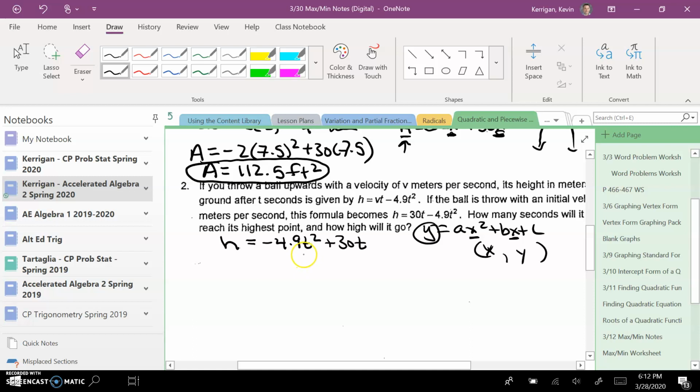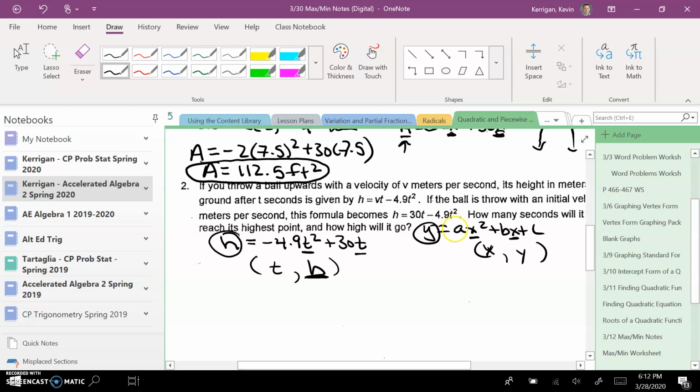In this case, if I find the vertex of this time, I simply find that by just doing the opposite of b over 2a. And then when I go in and find my other value of the vertex right here, notice that that variable that normally is a y in our other problems, in this case is h. So instead of finding x comma y, now I'm finding t for time and h for height.